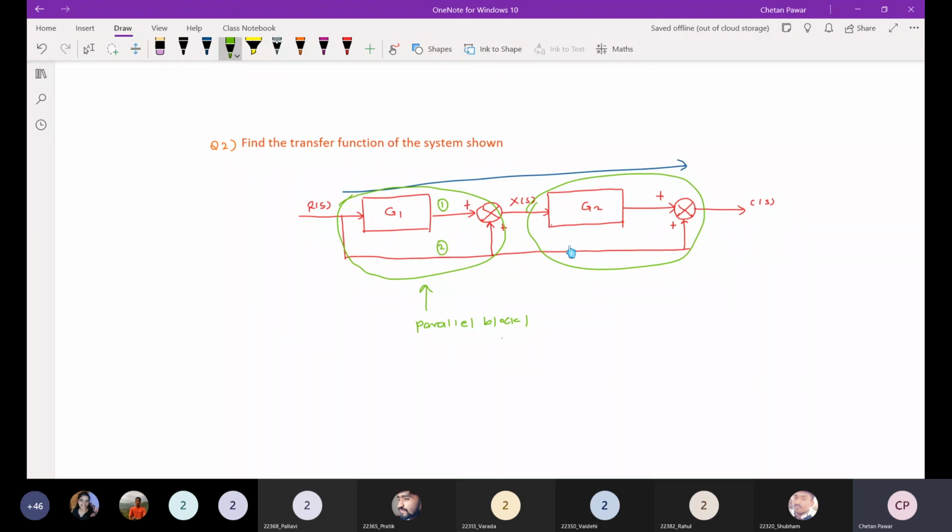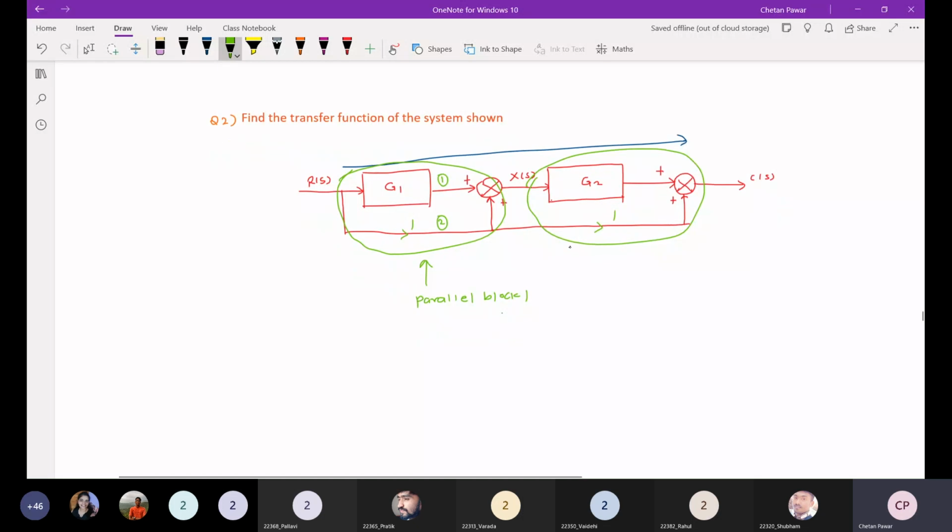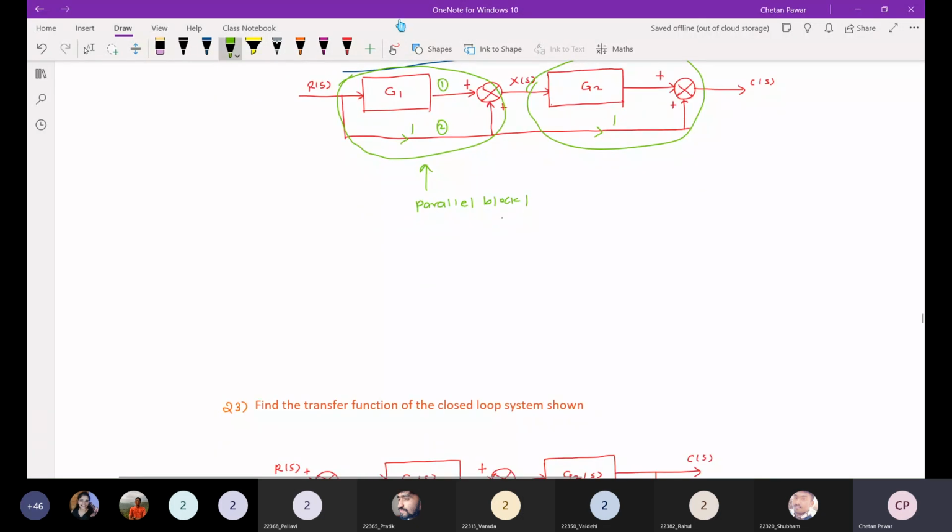Now, when they don't mention any gain on that particular line, the implied gain is 1 only. Similarly here, the implied gain is 1. Now, if you reduce this first parallel block, these two parallel blocks, with a plus sign, can you tell me what will be the reduced block for that particular block?